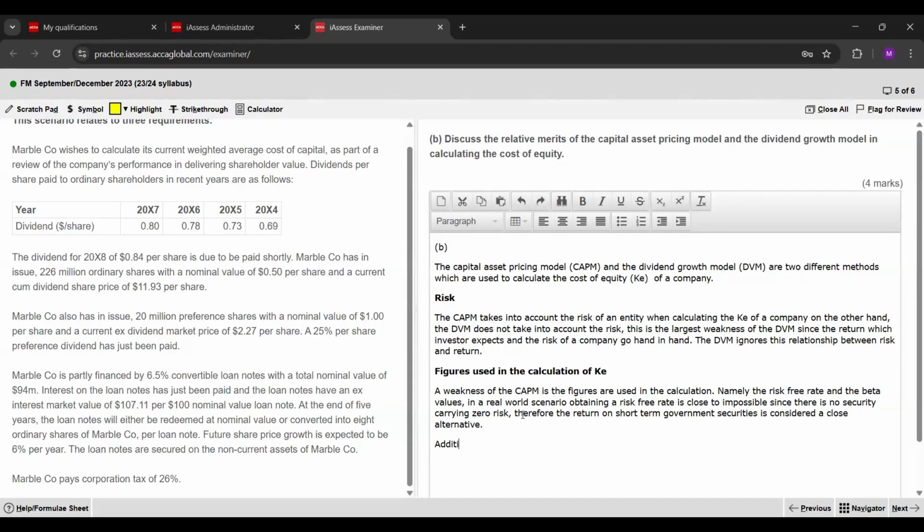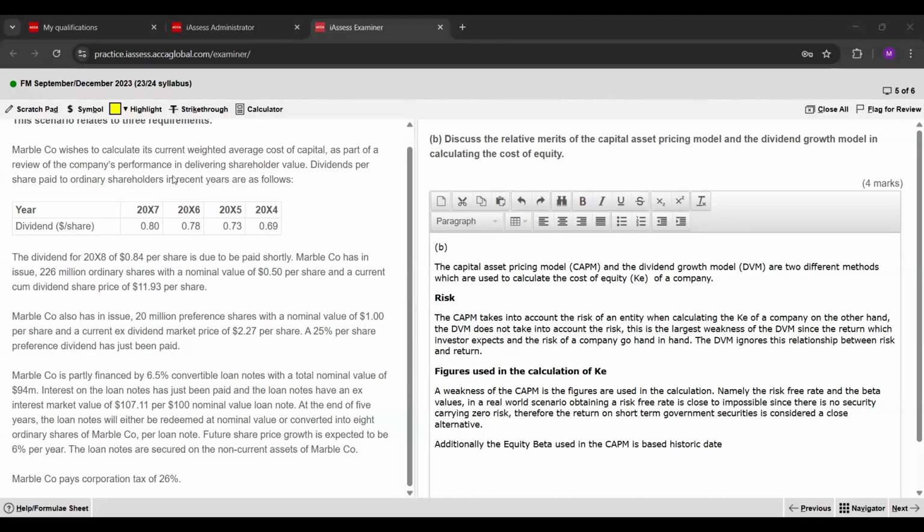Additionally, the equity beta used in the CAPM model is based on historic data. So the equity beta which we are calculating is based on historic data. We are calculating based on historic figures, past figures.